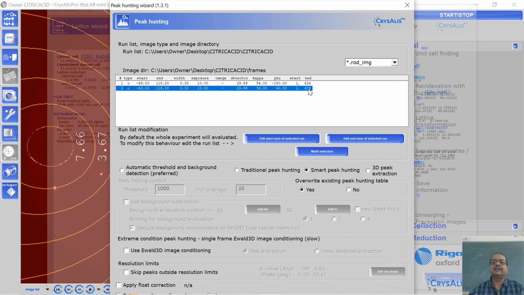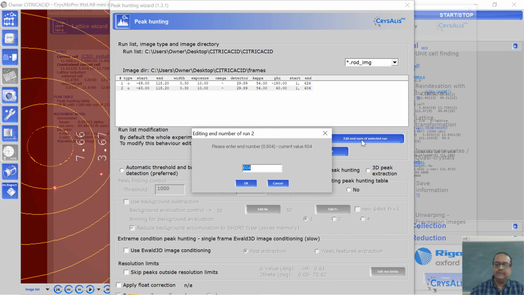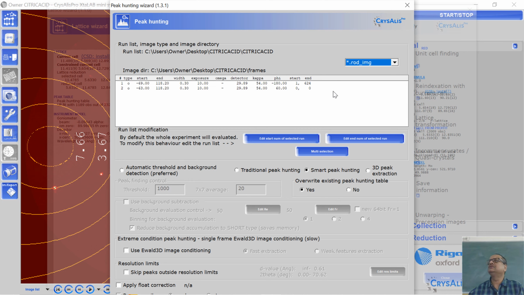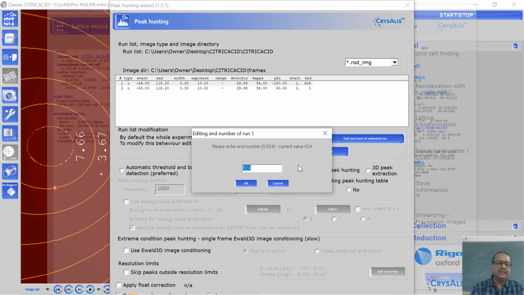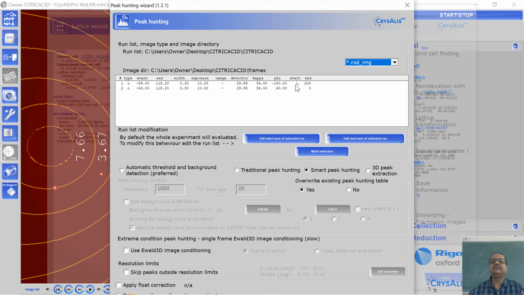First I click that and edit the end number of the select run and make it 0. When you make it 0, you say that you are not going to read that set at all. Then you click on the other and make it say 200. So it will read the data from 1 to 200 for indexing purpose.